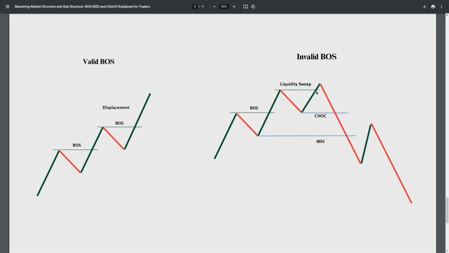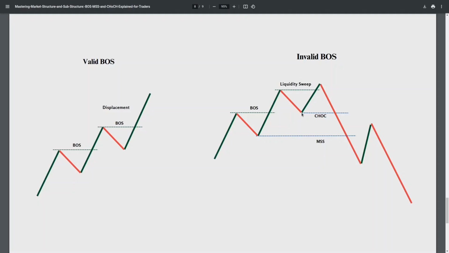From this point now, price is supposed to displace this level before we call it a valid break of structure. Here, it swept this high with probably a wick or a small body closure. Here is what we call a liquidity sweep rather than a valid break of structure.